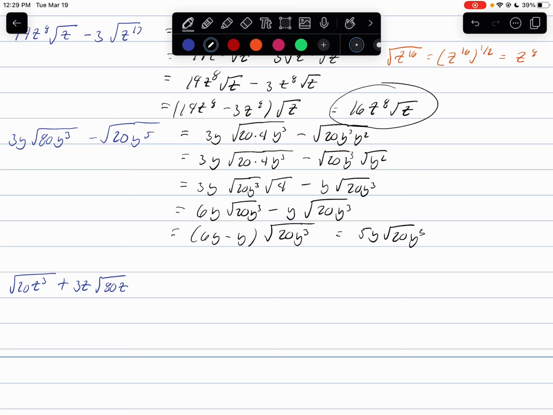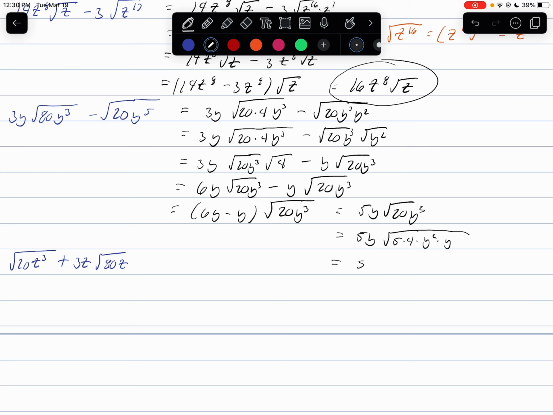And we can actually still do a little better than this, right? So we can rewrite this. So we can write 5y times the square root of 5 times 4 times y squared times y.